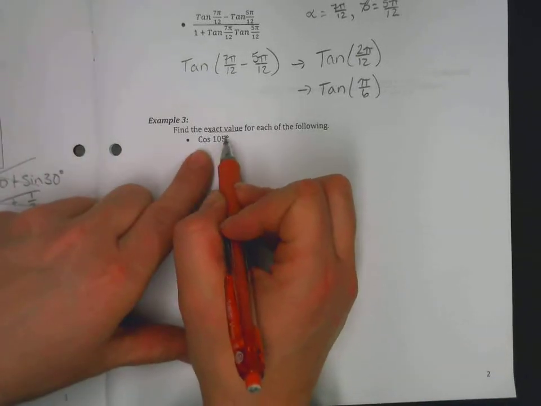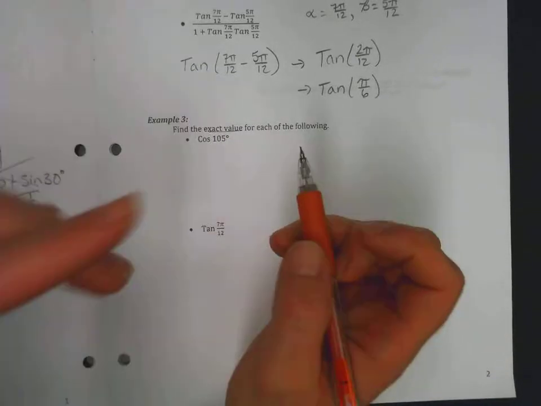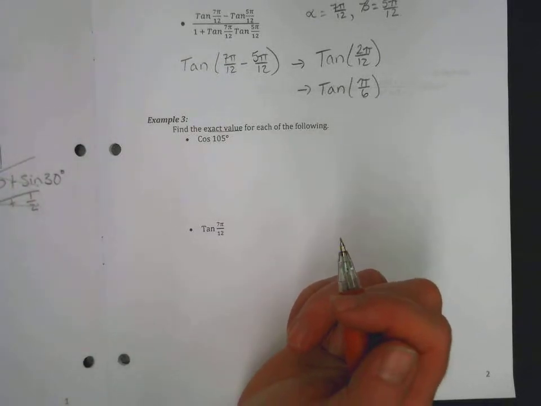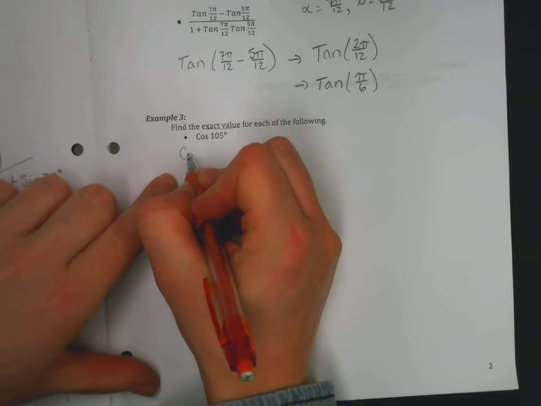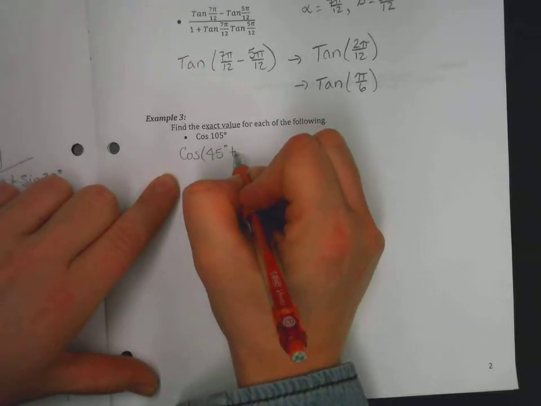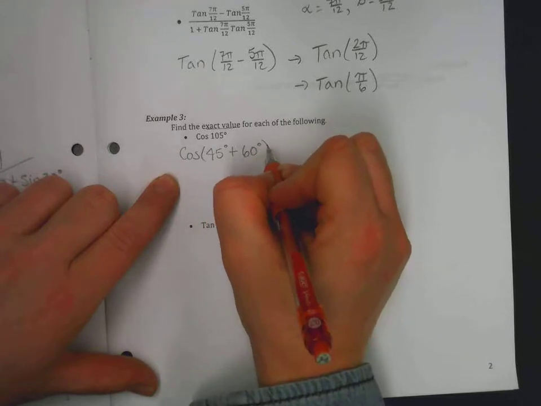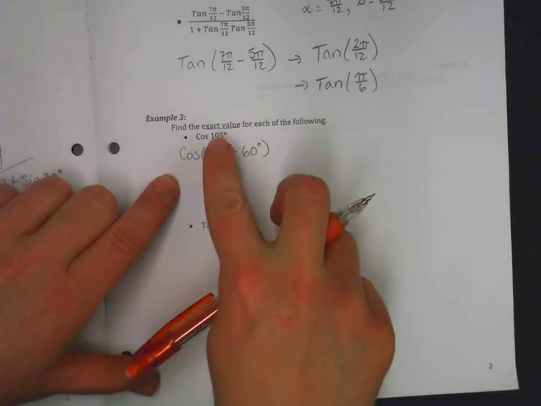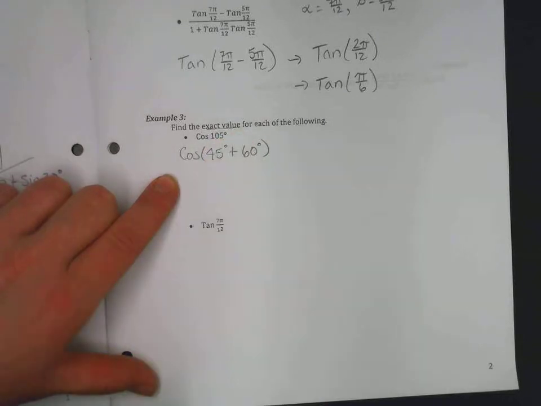So how can I come up with 105 degrees using those angles on our unit circle? Well, if I take 45 degrees and add it to 60 degrees, these are angles I can find on my unit circle, but if I add them together, I get 105 degrees.